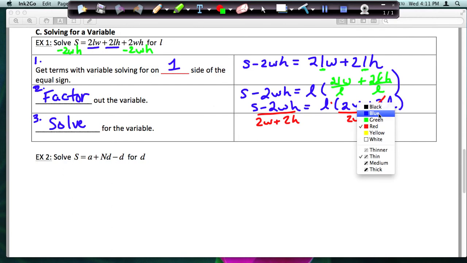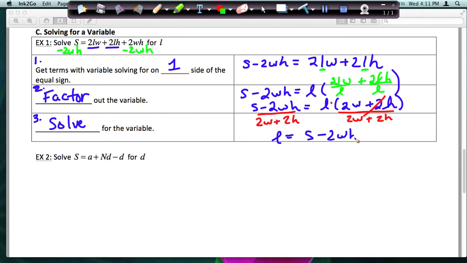Okay, and so what I get, I'm going to write the L first. L equals the S minus 2WH over the 2W plus 2H. So I've now solved for my variable, and this would work well when I had these three values and I just want to know what L was. It'd be much faster now to use this formula.